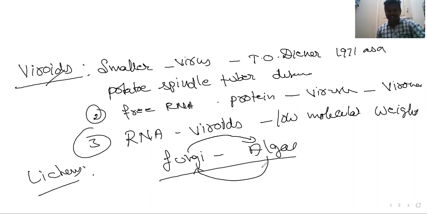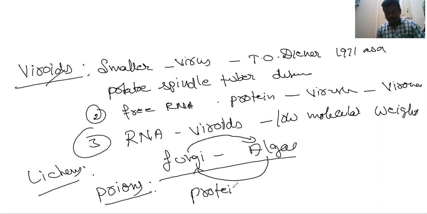Next, another disease-causing agent is prions. There are some infectious agents which possess only proteins but not nucleic acids; these are called prions.